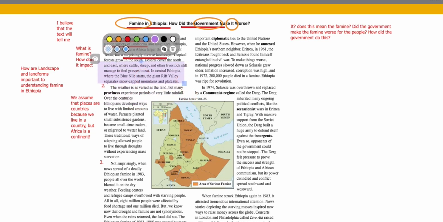And you can always go back to that question of the DBQ or go back to the title and think about, well, how does this connect? Why is the author telling me this? How is this important? Sometimes we don't find out until later, but it's always good to have that question in mind and even to begin making some connections in your own mind if you can.